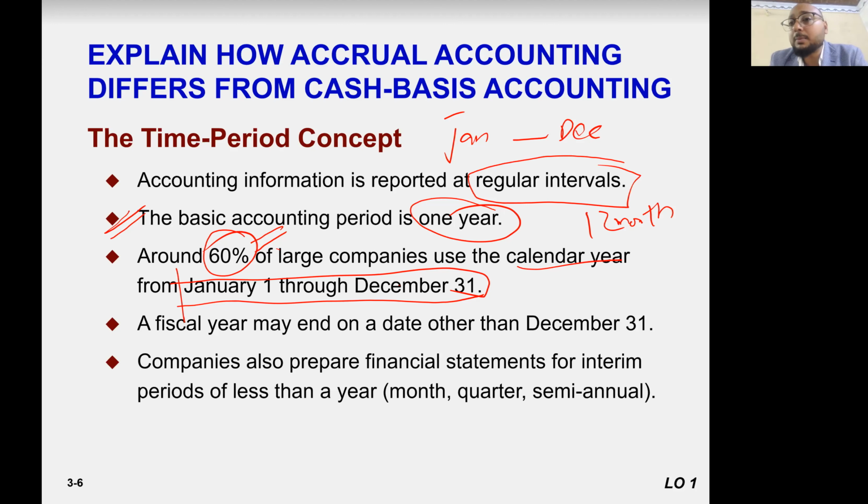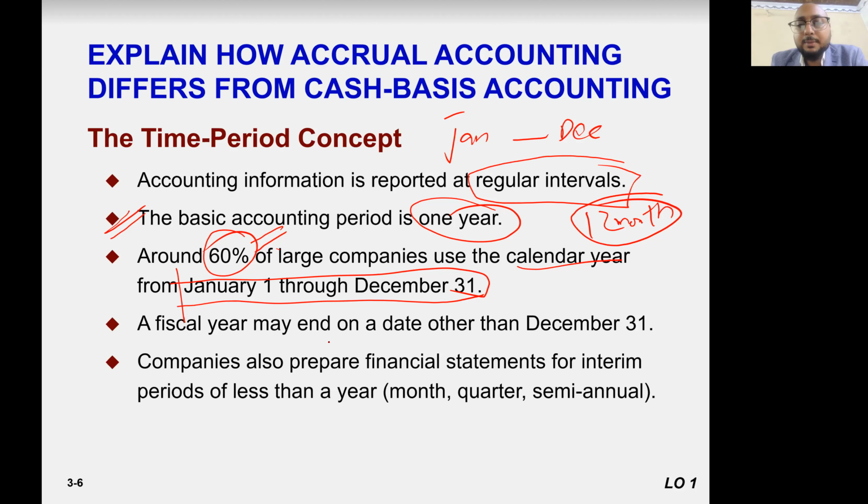Some may use September to October. So it depends, but normally it is 12 months. Either February to February or September to September, so it's up to you.